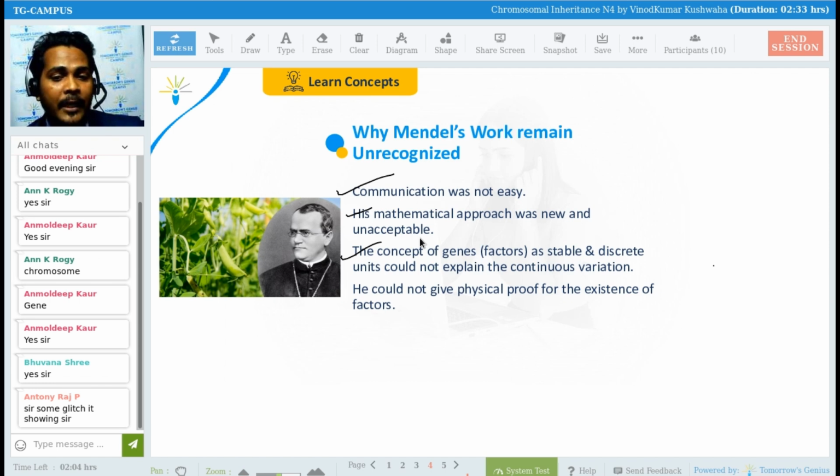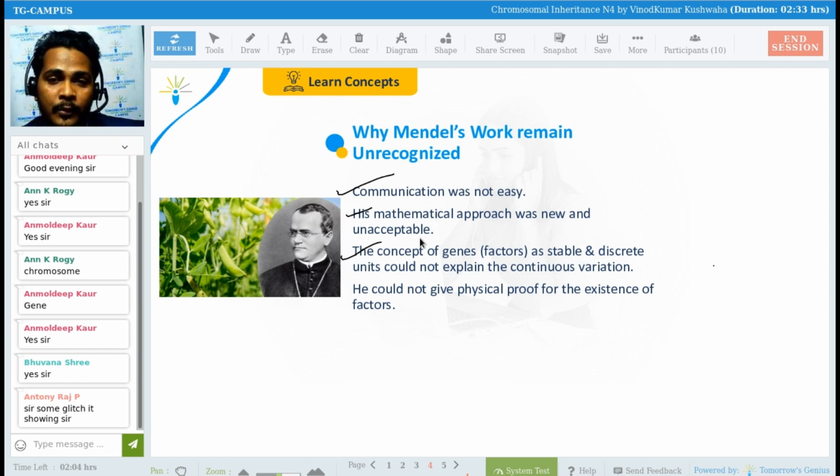These genes are the hereditary units. The chromosomal theory of inheritance states that Mendel's factors have a specific locus, or position, on the chromosome, and they carry information from one generation to the next.